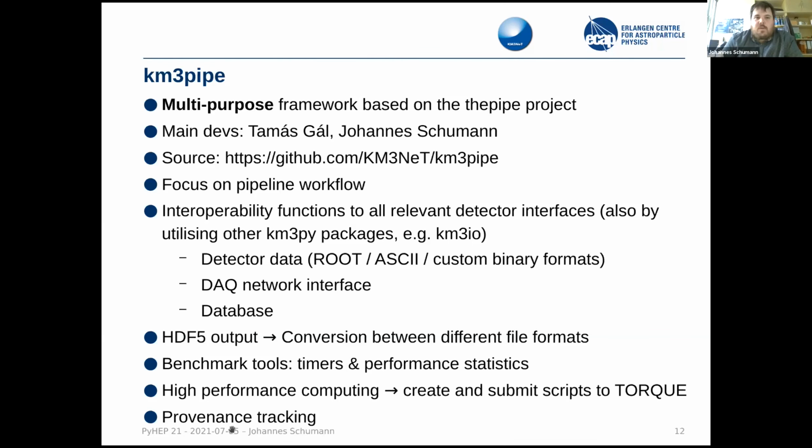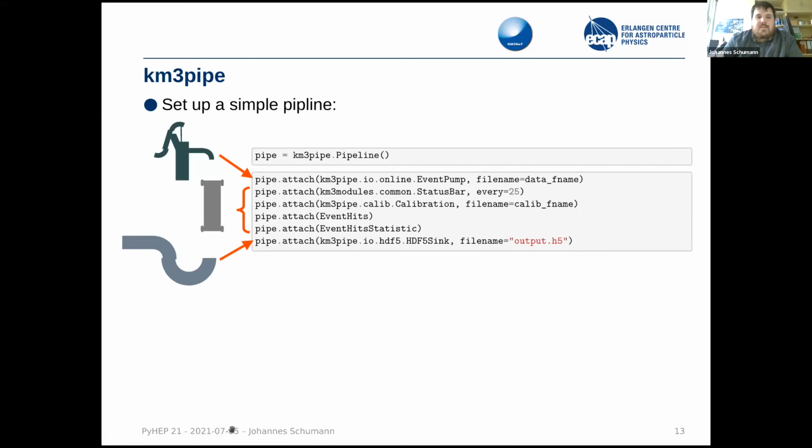Going again to an example for that, this is basically all you have to do to set up a pipeline. You create a pipeline instance, and then you attach the modules you want to use. In this case, I start with an event pump for reading the event files.